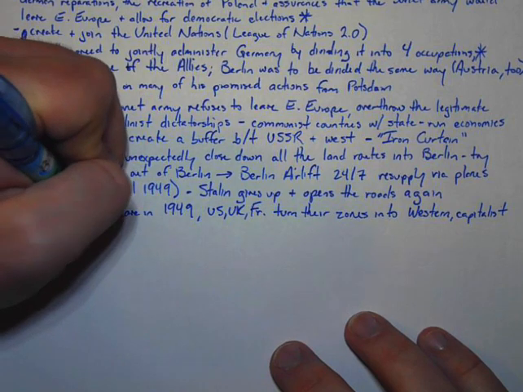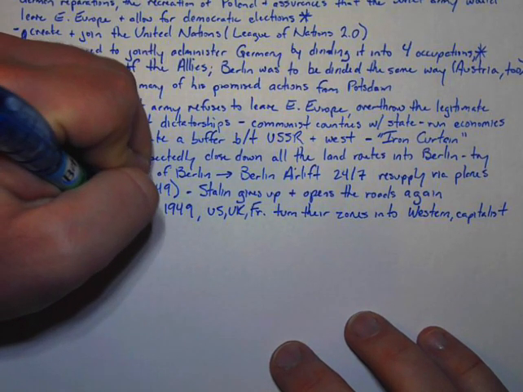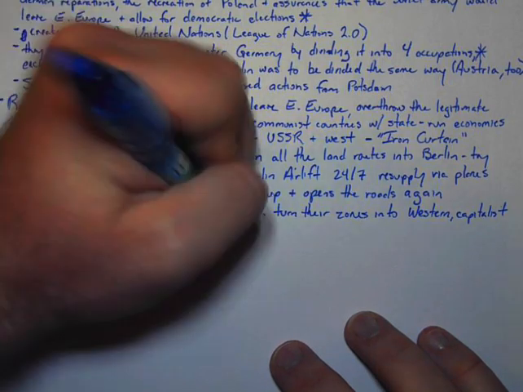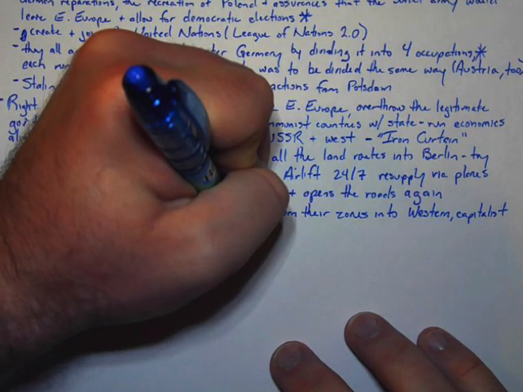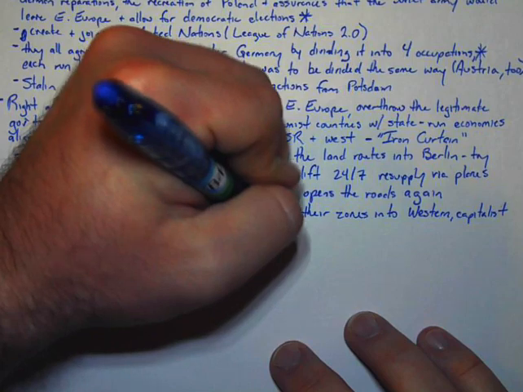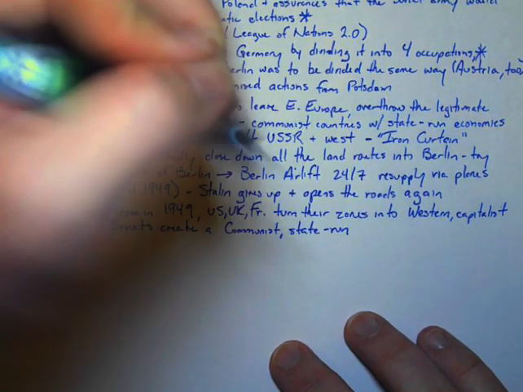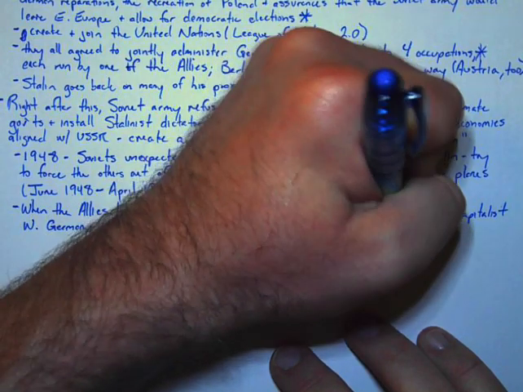And the Soviets create a communist state-run East Germany.